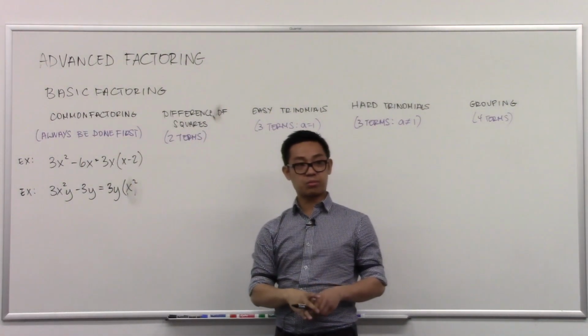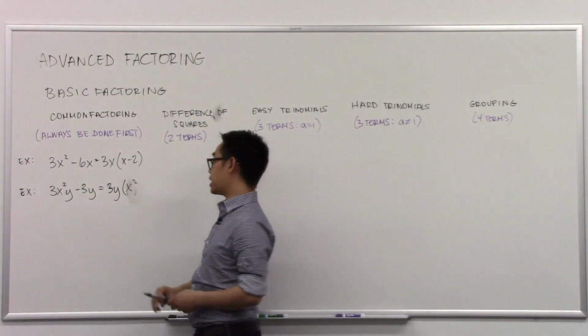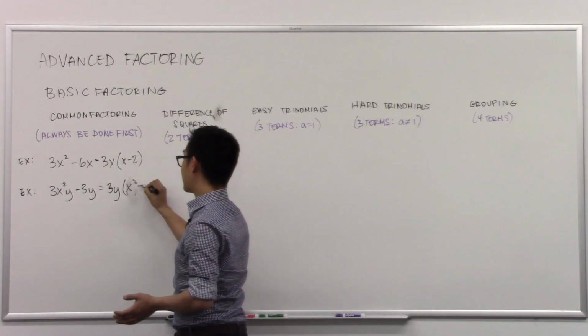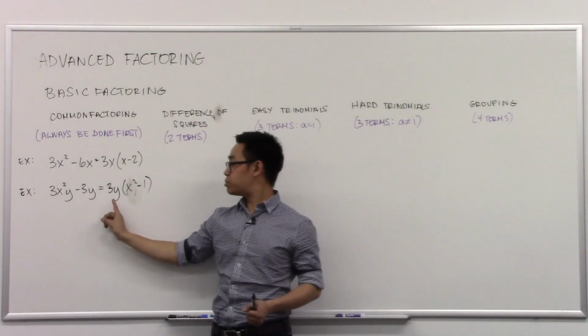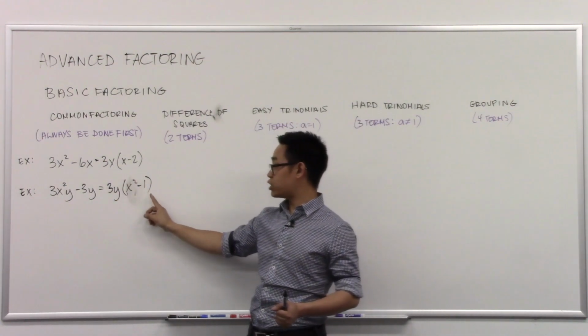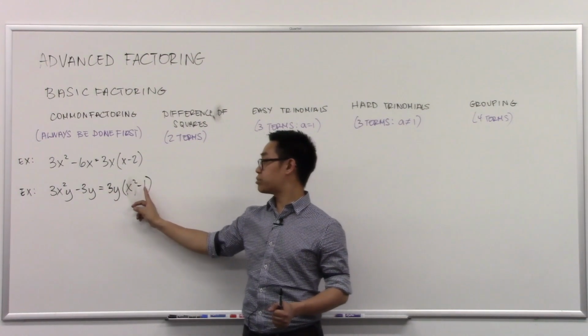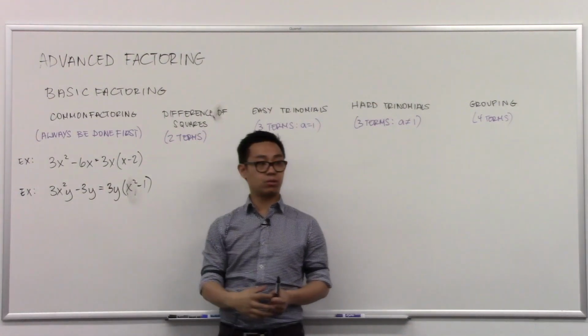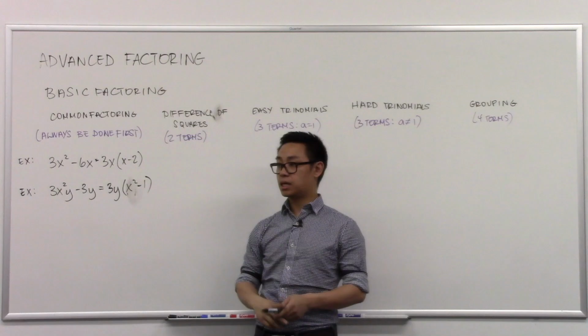The most common mistake that's made here is when you pull 3y out of negative 3y, it is not nothing. It has to be minus 1. Because if you are expanding and simplifying and you multiply 3y times, and you don't have a second term here, when you multiply 3y times minus 1, you will not get back to the original. Okay? That is a common mistake.